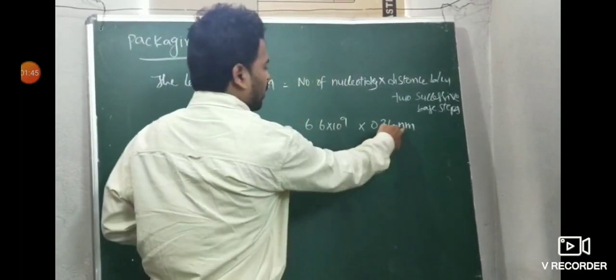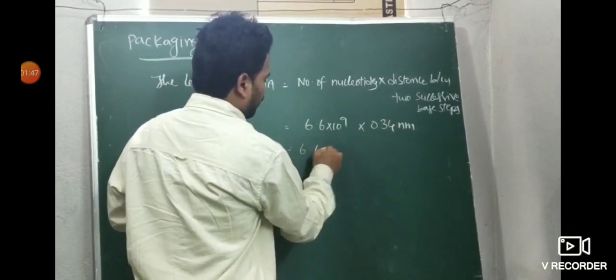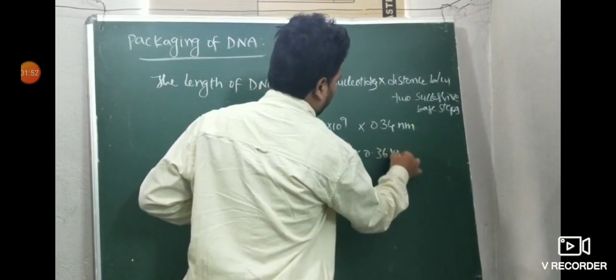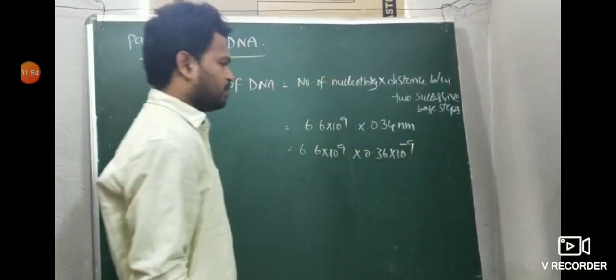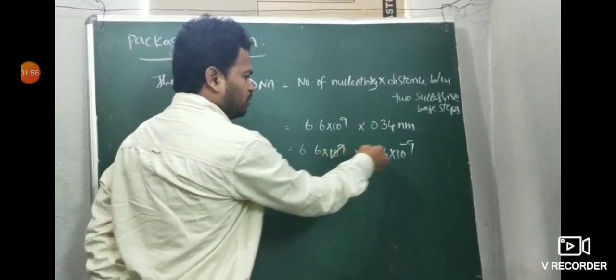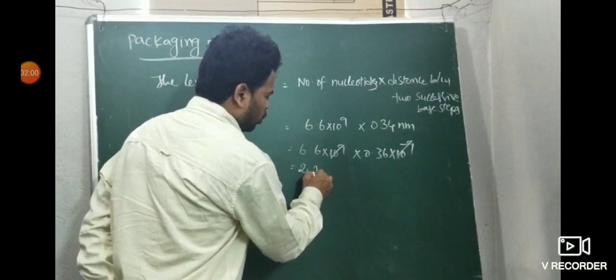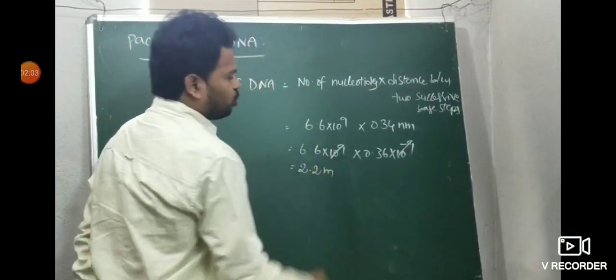We know very well that 1 nanometer equals 10^-9 meters. The 10^9 and 10^-9 cancel, and approximately 2.2 meters comes out.